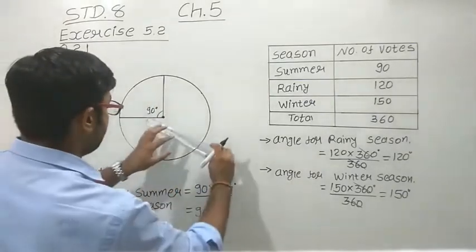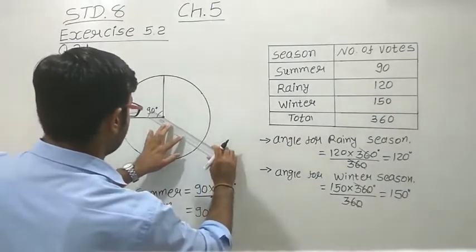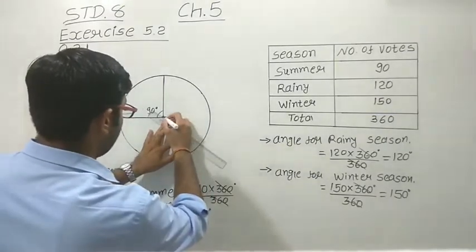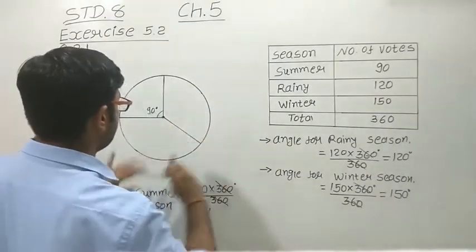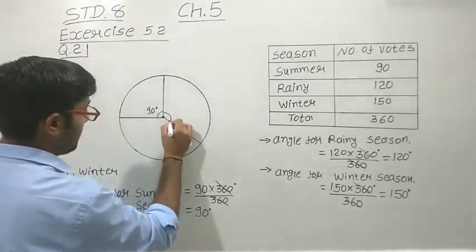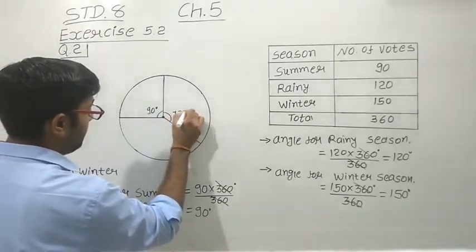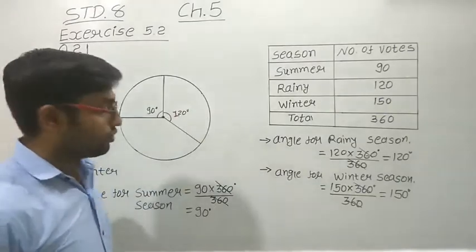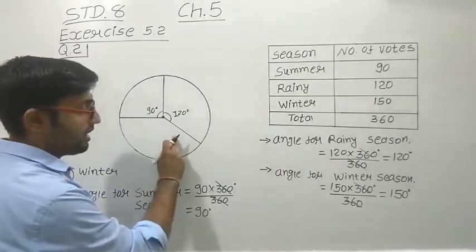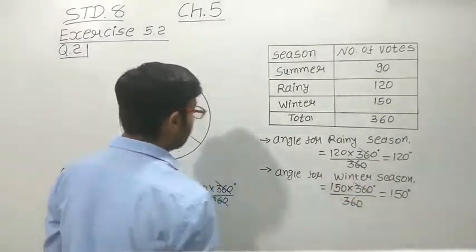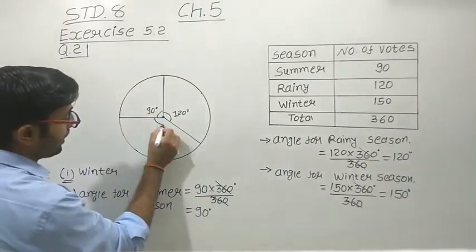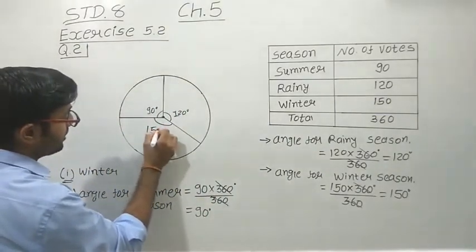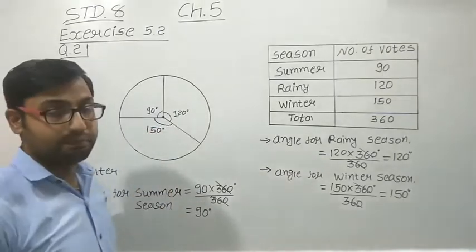We can construct 120° approximately, you will get it here, right? So this is 90°, and this is the 120°. Now whatever remains will be the angle for the winter season. So this much of the angle will be for the winter season, that is 150°.